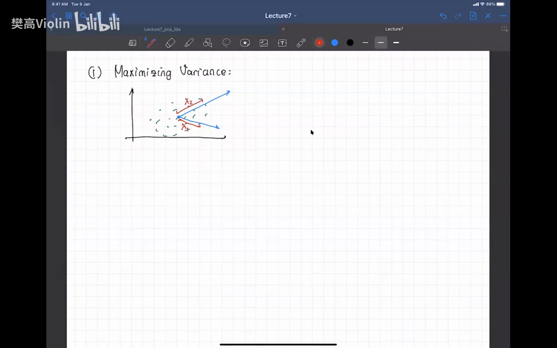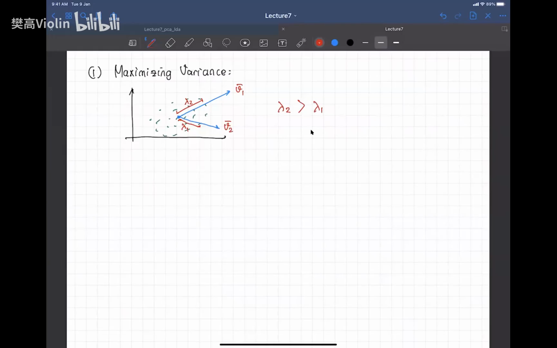If you look at the picture that I just drew, which one is greater, lambda 2 or lambda 1? This one means that the variance along V1, for example, we name it V1, and this one is V2.